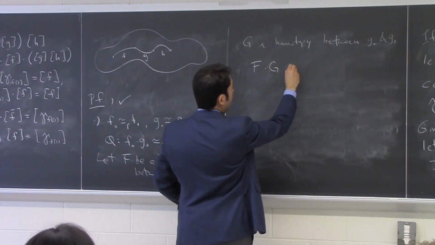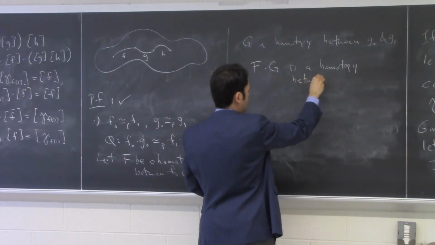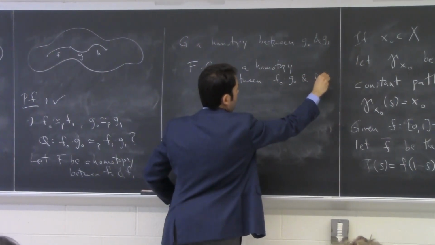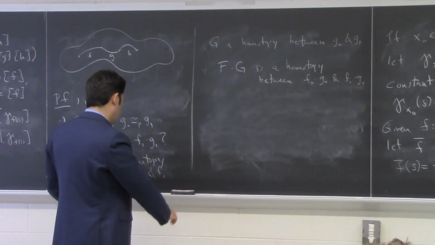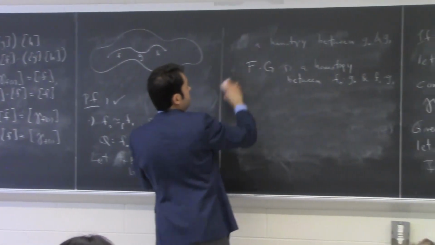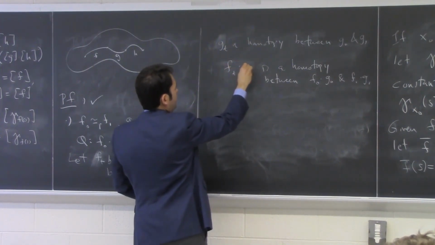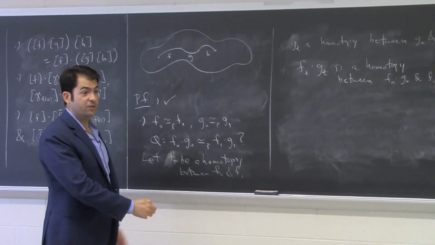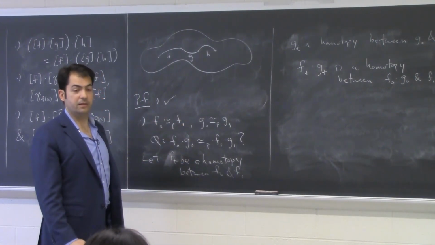And this is a homotopy between F0 dot G0 and F1 dot G1. Maybe this would be clearer with the notation F sub t and G sub t. Then this is F sub t concatenated with G sub t, a continuous family of paths starting at F0 dot G0 and ending at F1 dot G1.